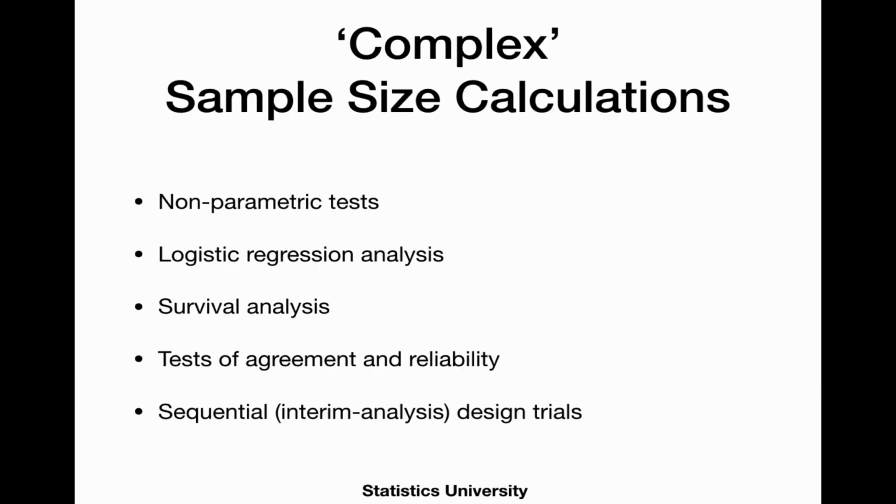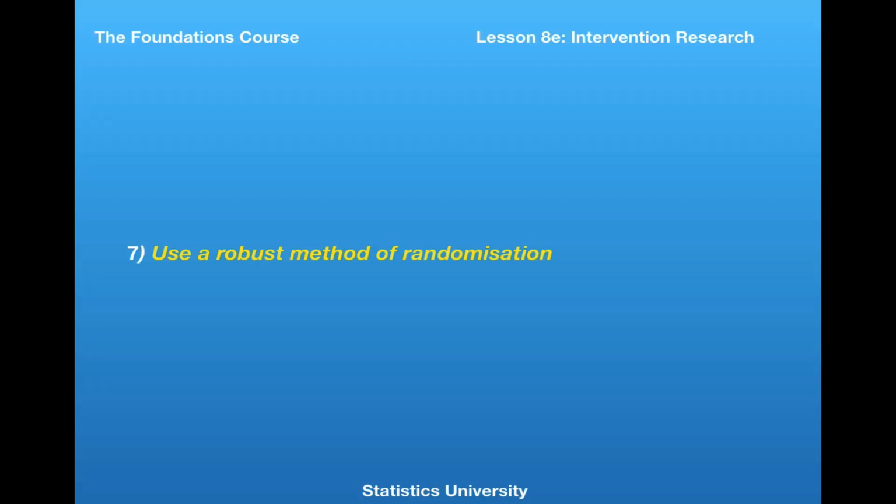Now, more complex sample size calculations on non-parametric tests, logistic regression analysis, survival analysis, tests of agreement and reliability, as well as sequential or interim analysis design trials, require other software packages, and it might be wise to consult a statistician. The seventh principle of the GCR approach is to use a robust method of randomization.